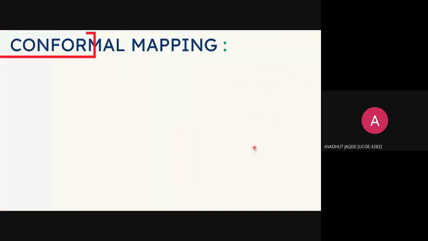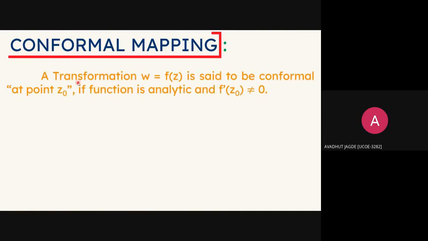Before starting our main topic, conformal mapping, let's understand the meaning of conformal. A transformation w equals f(z) is said to be conformal at point z0 if the function is analytic and the derivative of the function at point z0 is not equal to 0.